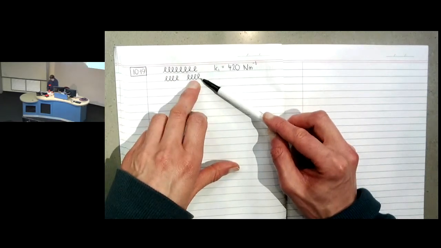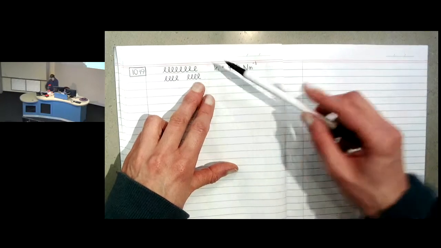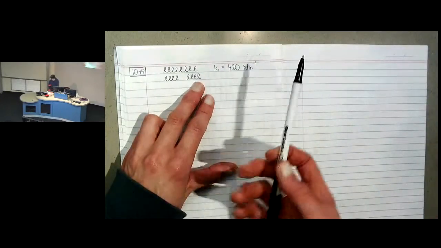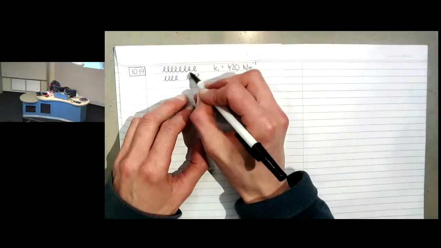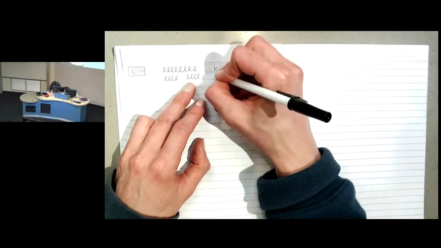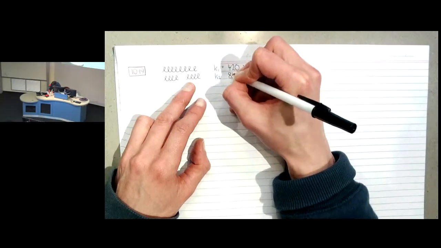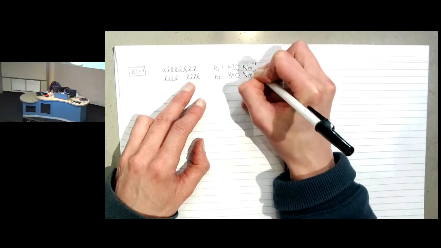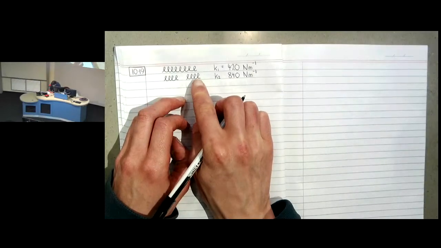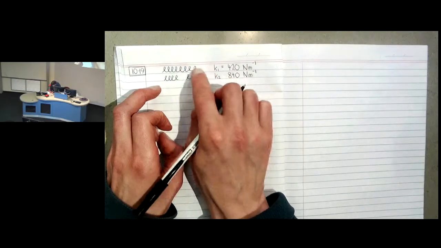So when you stretch this by 1 meter, the coils are going to be twice as deformed, so they're going to apply twice as much force. So here, the spring constant of this one is just going to be twice that of what it was before, because there are half as many coils, and so each coil will be deformed twice as much when this is stretched by 1 meter as the coils in this one will be deformed when this one is stretched by 1 meter.